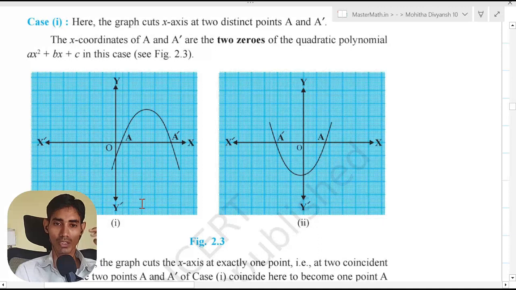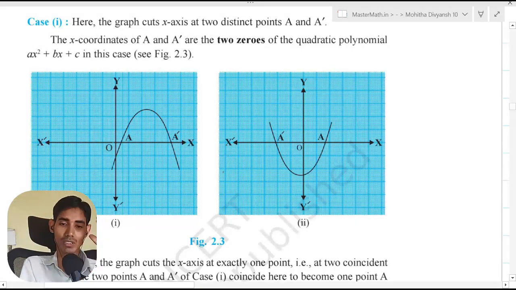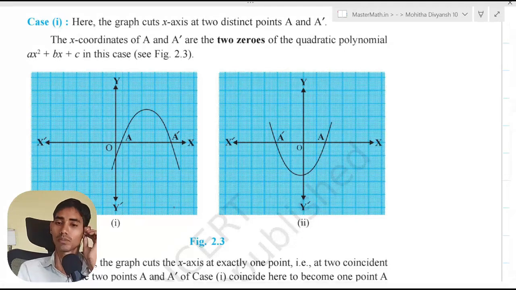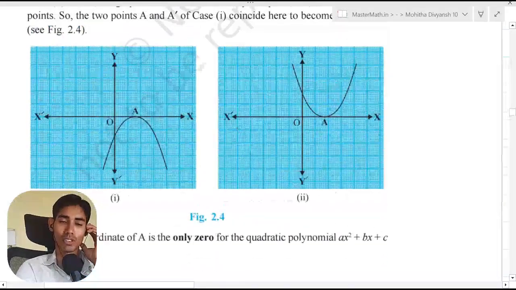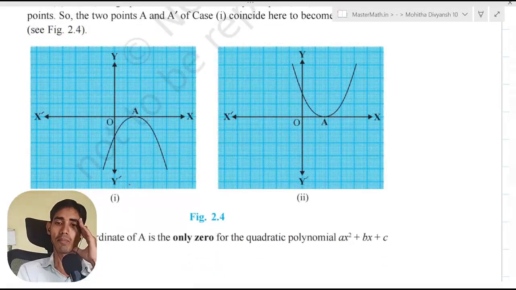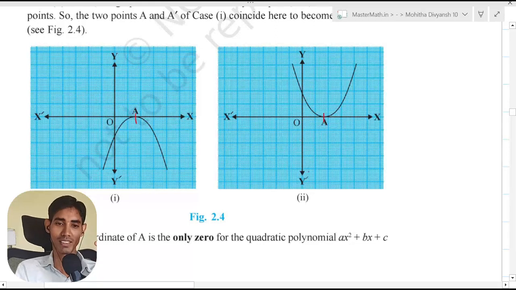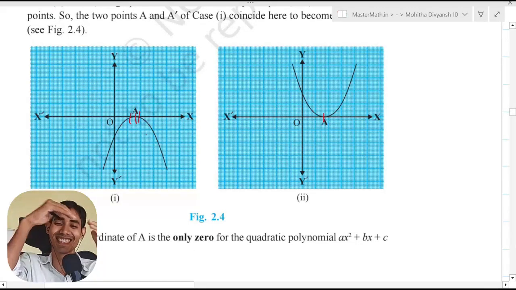Now, just count the number of zeros and tell me for the first both these figures. 2 and 2. For these parabolas, 1 and 1. Assuming it's a printing limitation, generally a couple of students say that it is infinite because it's touching this.